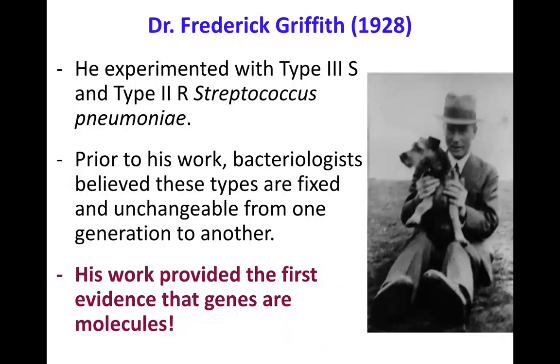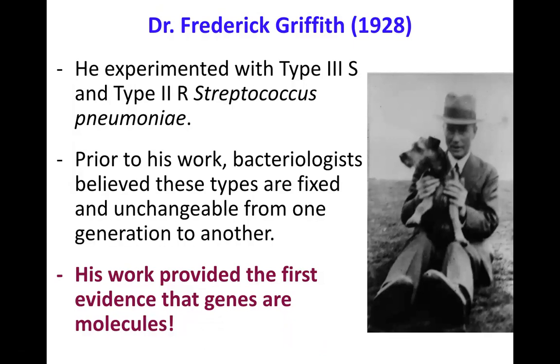There was a famous medical doctor known as Dr. Frederick Griffith in 1928 who actually experimented with both types of bacteria, the type 3S smooth strain and the type 2R Streptococcus pneumoniae. Now, prior to his work, bacteriologists at the time believed that these types are fixed and they are unchangeable from one generation to the next.